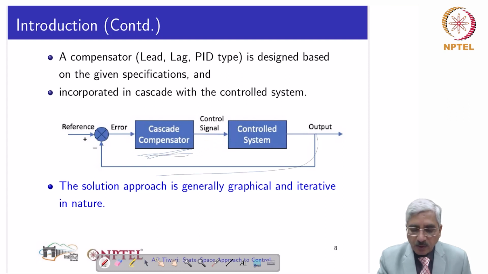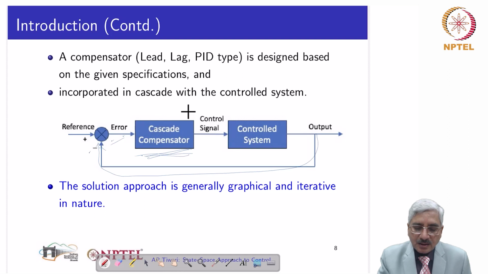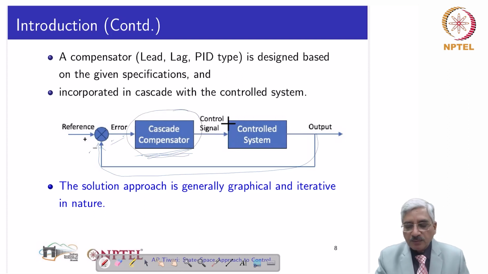So this is the feedback of output coming to the input side, which is compared with the reference, and the error signal is generated, and that error signal enters the cascade compensator, the output of which is the control signal, and the cascade compensator is so designed that the control signal will vary in a manner so as to affect the output and the desired specification parameters will be achieved.